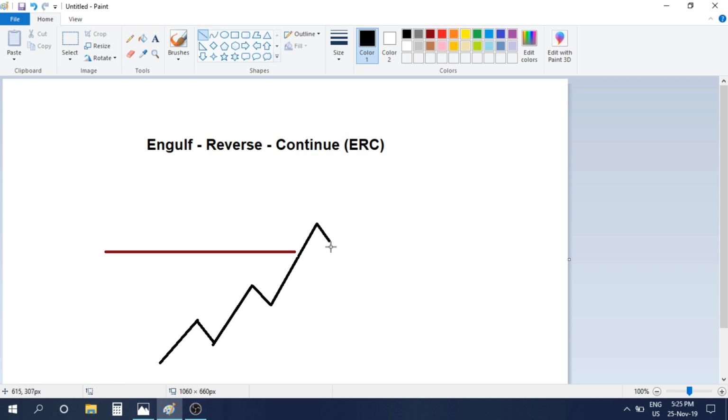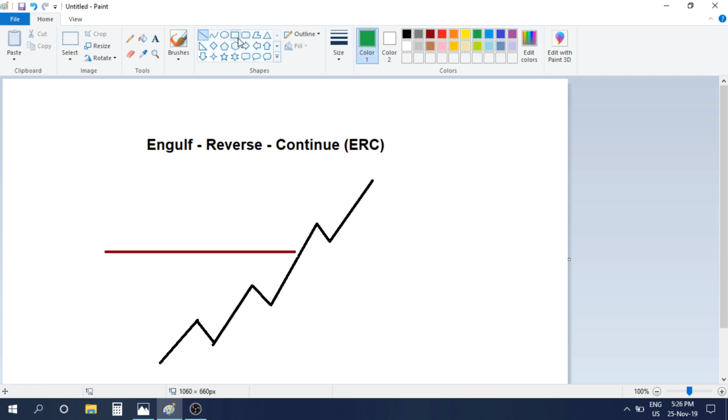Okay, it does not come back to the barrier or below the barrier, and then continues. So this is really a strong kind of a move. Okay, the buying pressure is so much that it reversed a little bit and then continued in the same direction. So this is also a valid ERC zone. This is the second kind.